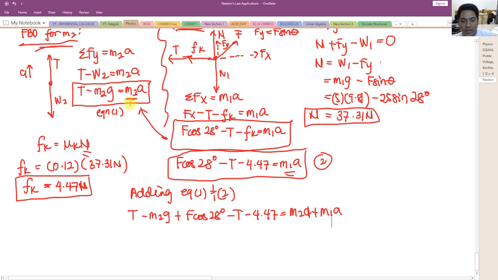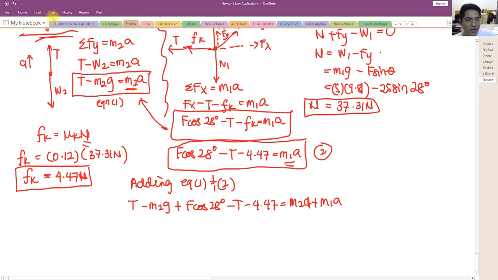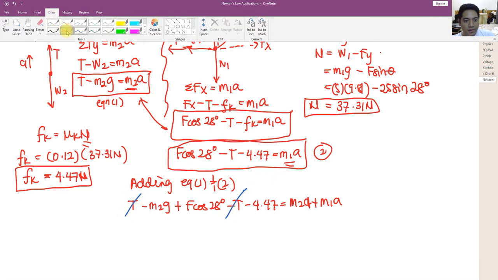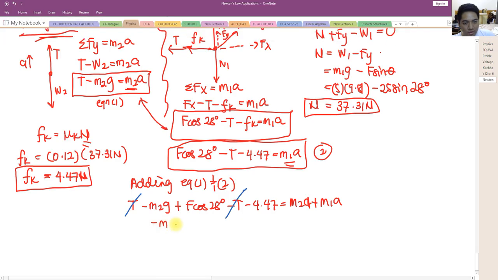We are asked to find the acceleration. As you can see, the tensions will cancel out, tension minus tension. So you have negative m2g plus F cosine of 28 degrees minus 4.47 equals a times m2 plus m1.